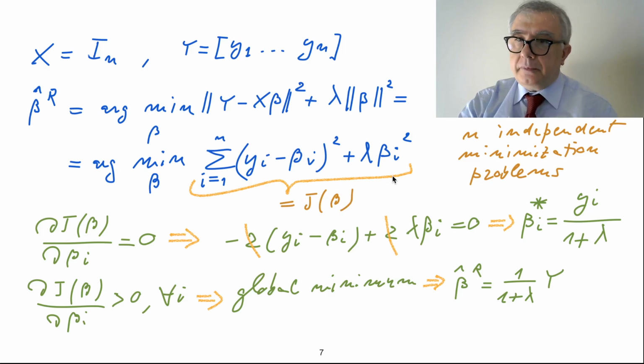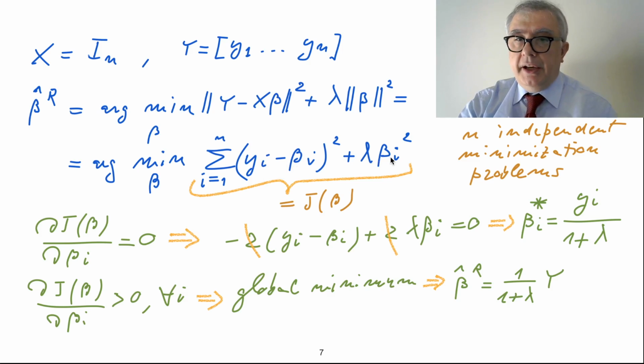And the nice feature is that here you have n independent minimization problems, because here I have the sum, but as you can see, there are n problems, one for each i, and they do not talk to each other, so they are completely independent.